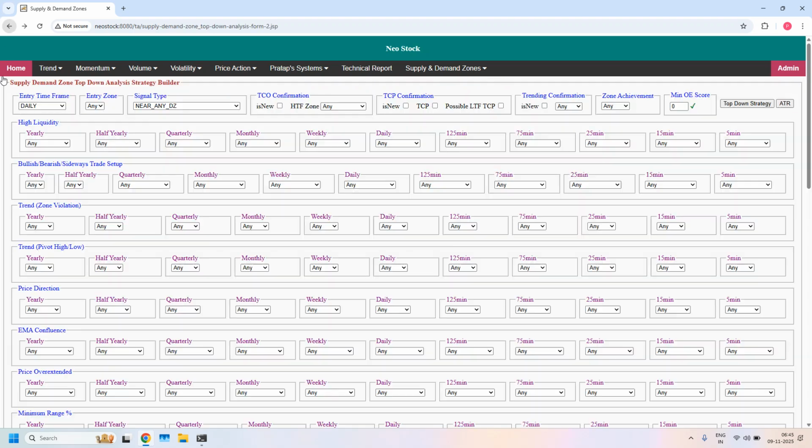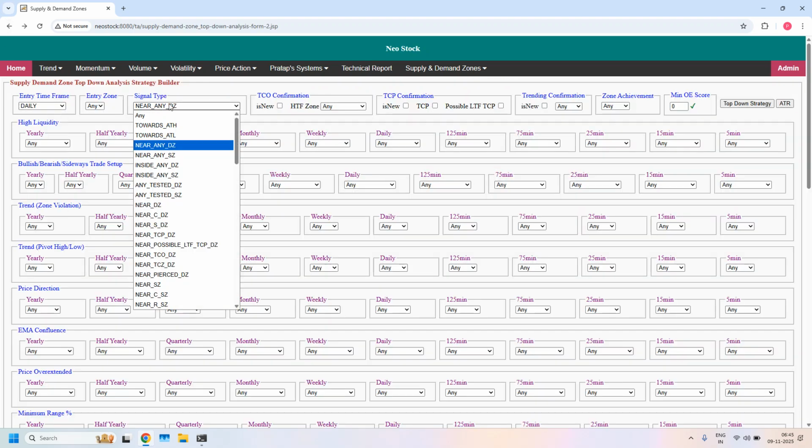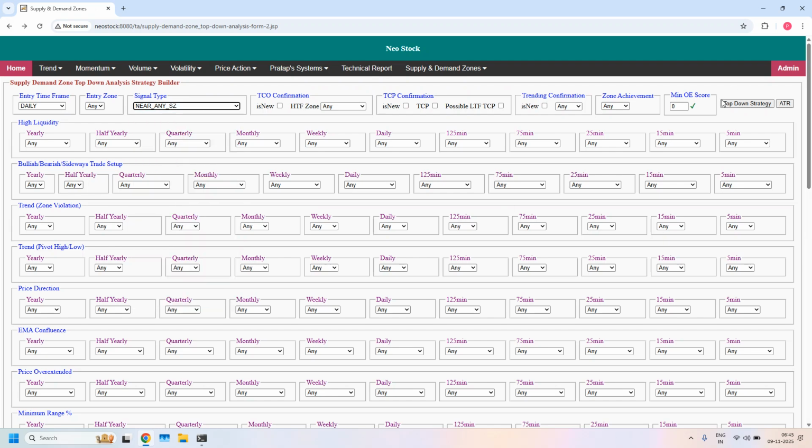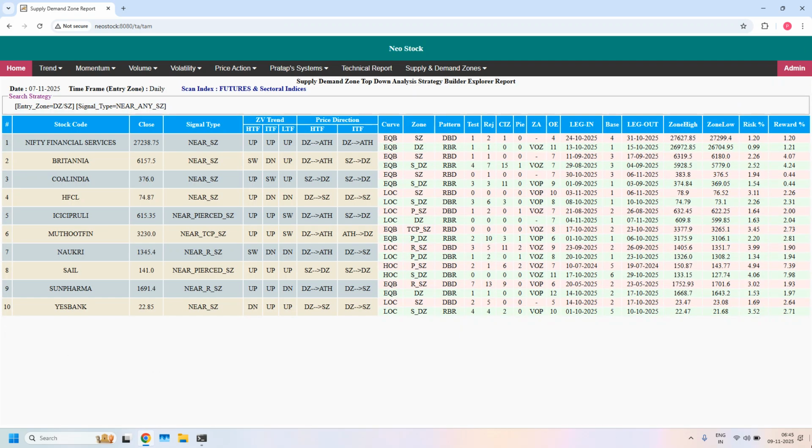Okay, next for the daily time frame, stocks near the daily supply zone, we got 10 stocks. So let's identify daily high liquidity supply zones from this list. Muthoot Finance is having a daily high liquidity supply zone.